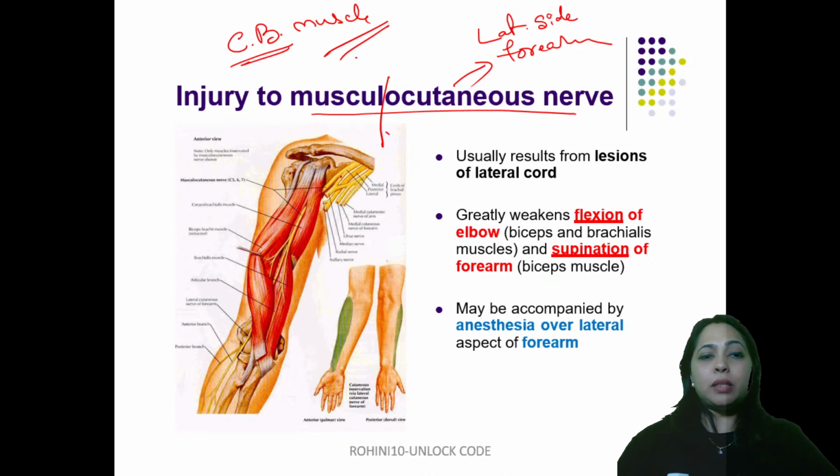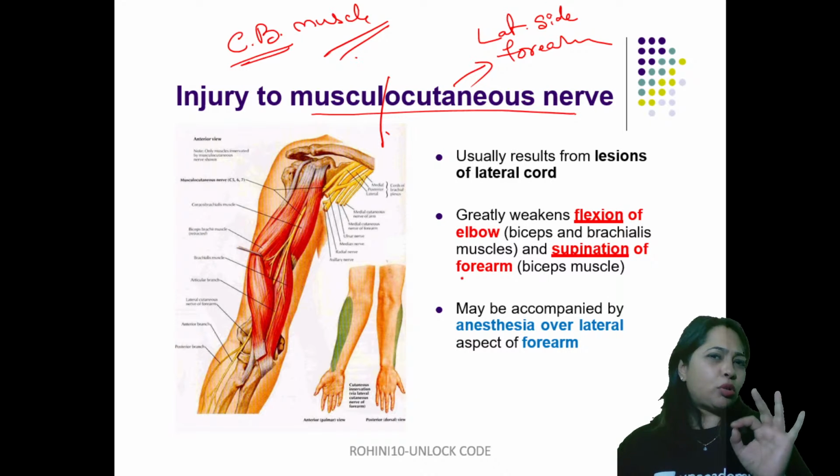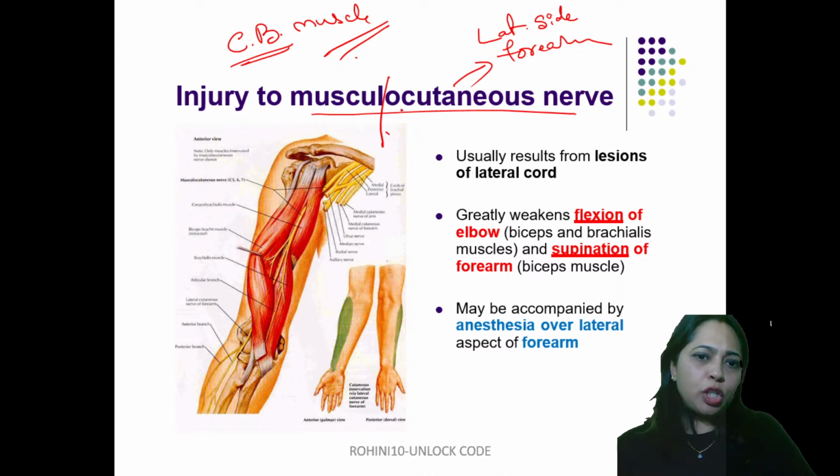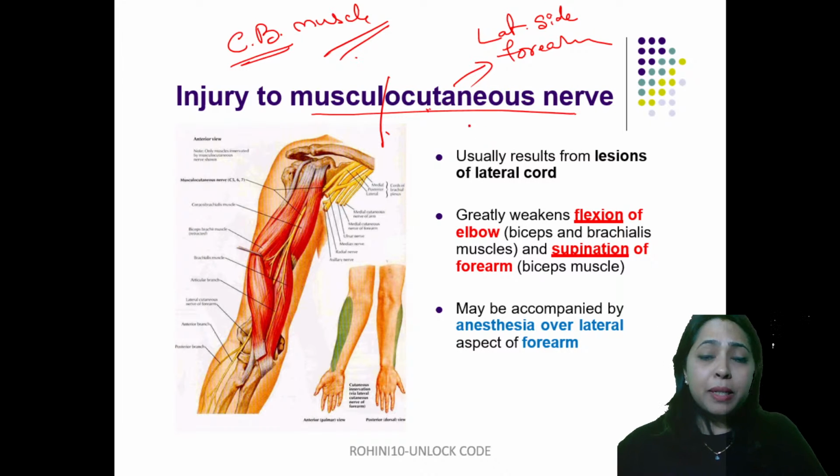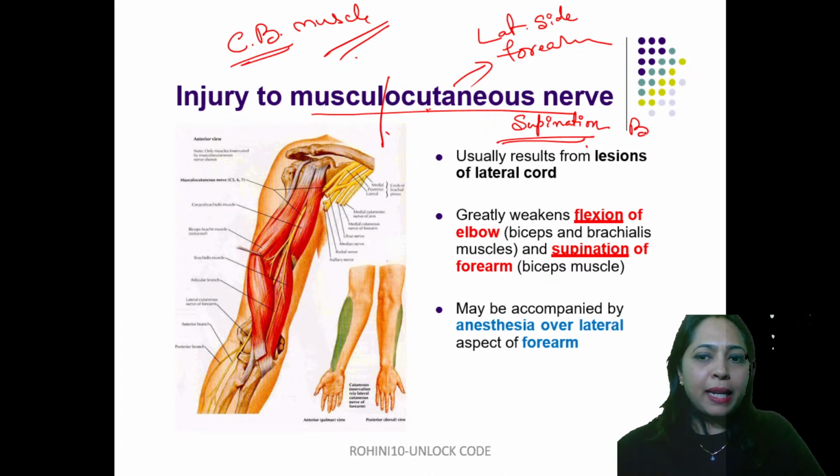It's a very important nerve supplying all the flexors in the arm. And also, to some extent, whenever there is an injury to musculocutaneous, the person may also show some difficulty in supination. And you might be wondering why the person is having difficulty in supination, because the biceps brachii also does supination.